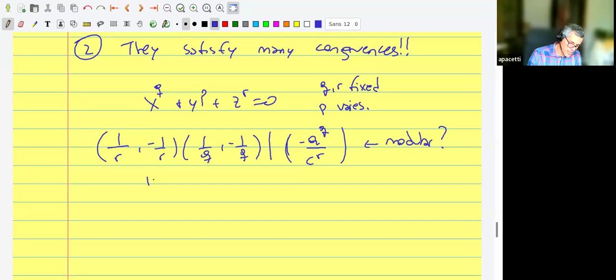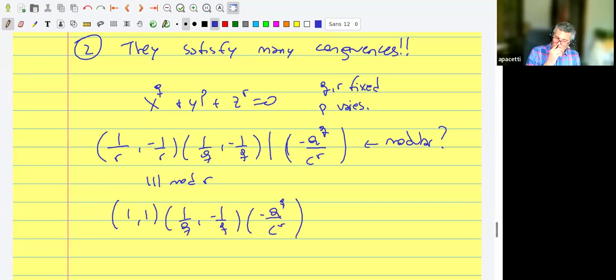And the point is that there is a congruence modulo r, and this is a little bit of abuse of notation, but it doesn't matter. So there is a congruence between this motive and the motive, write it the opposite way, 1 over q minus 1 over q specialized at the same point.